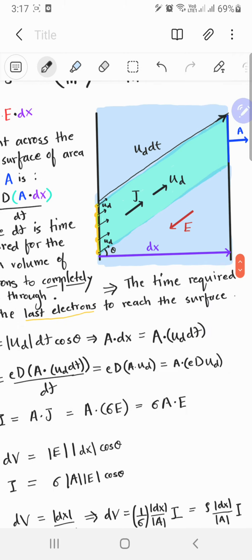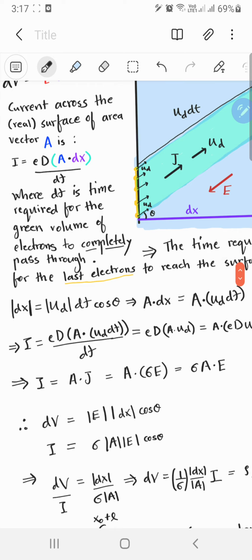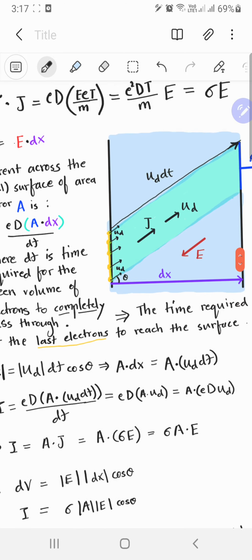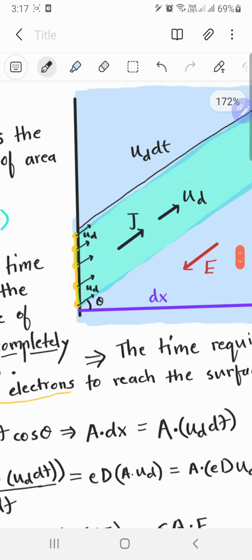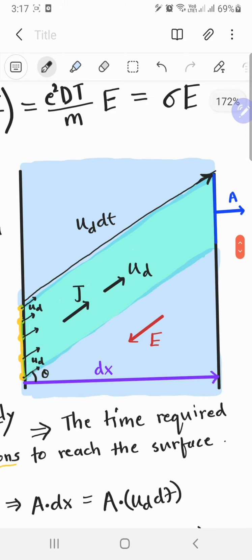Also notice that this angle is theta, so we can say that dx, which is this vector length, is ud dt cos theta. That makes sense. This orange or yellow layer has to go all the way till here.